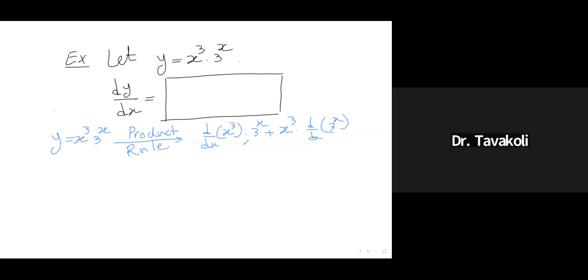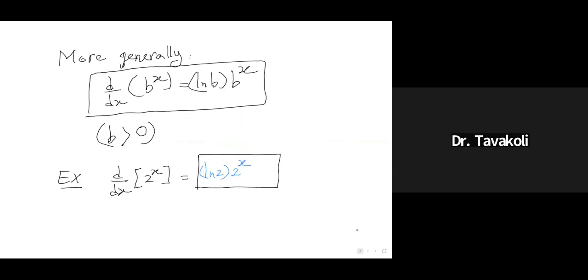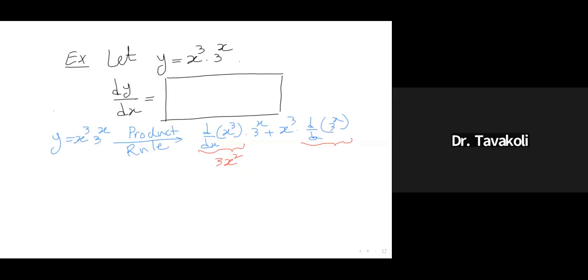The derivative of x cubed is 3x squared. And the derivative of 3 to the power of x, we just had this before. The derivative of b to the power of x is ln of b times b to the power of x. So the derivative of 3 to the power of x is ln of 3 times 3 to the power of x.